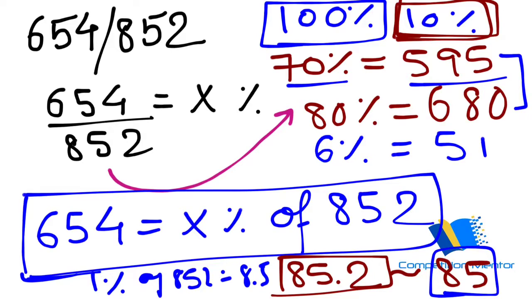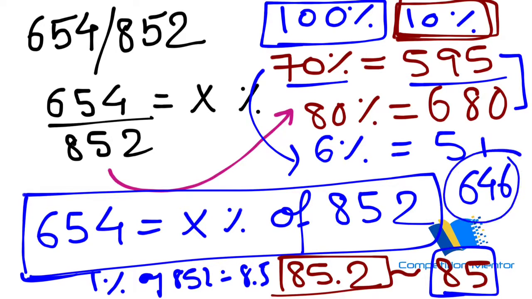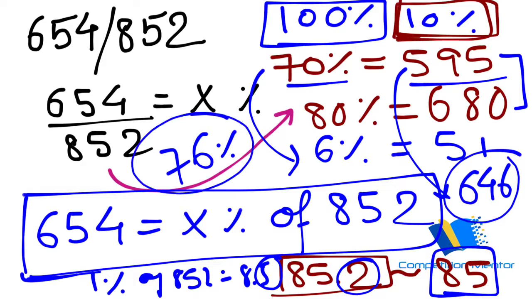So now imagine, add these two, 70% and 6%: 595 plus 51. 595 plus 51 is 646. This is the answer, that close to approximation. See, we ignored the 2 after 0.5. So that's why 76% is our answer, right?